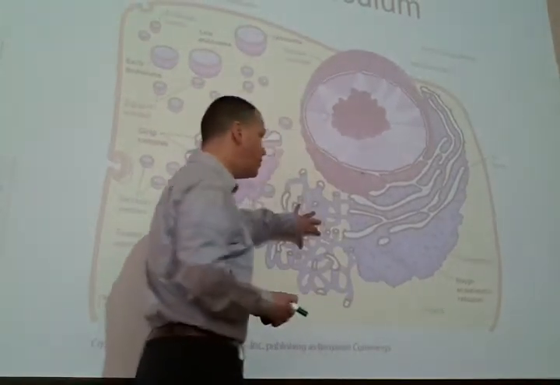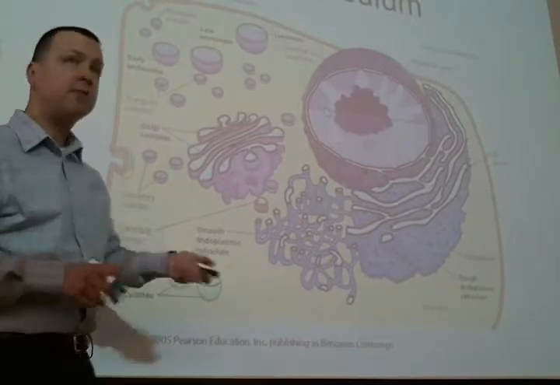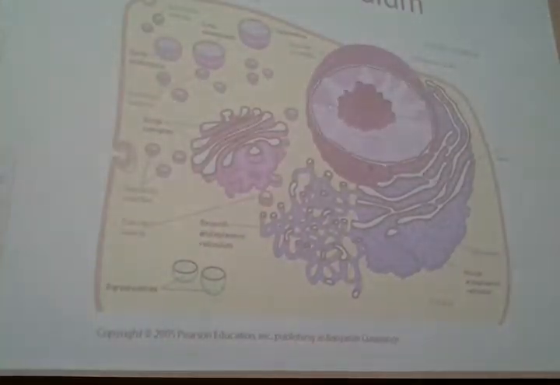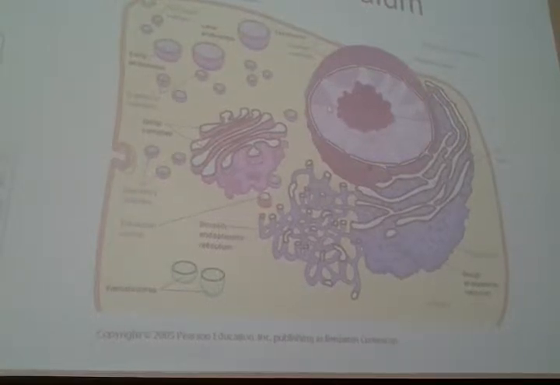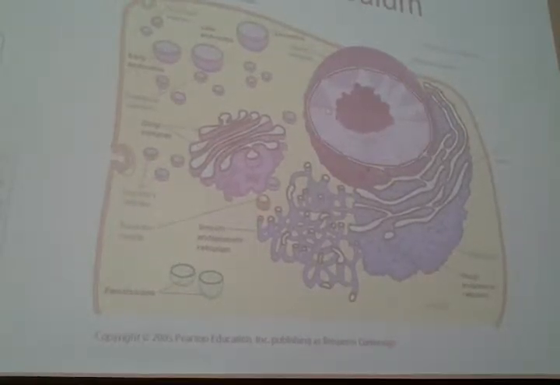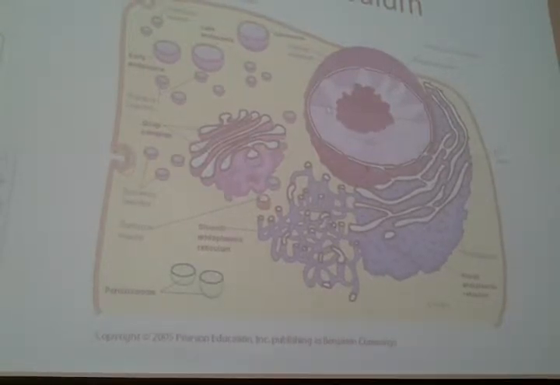They are going to be in the smooth ER, and then they're going to travel eventually to the cell membrane. This is also the site of cholesterol synthesis, so lipids in general are made here in the smooth ER, so it's much more about lipids rather than proteins.